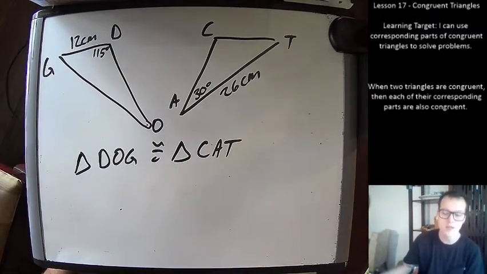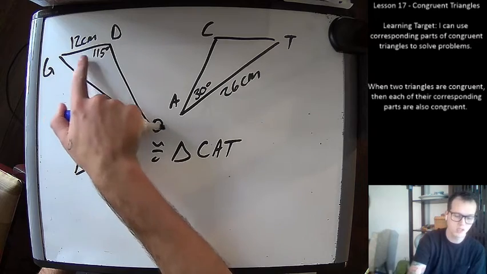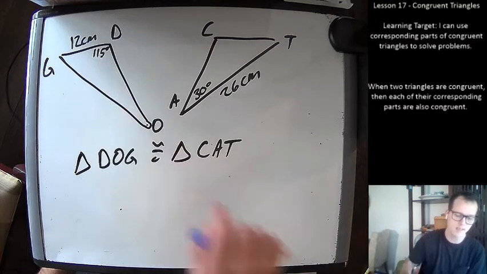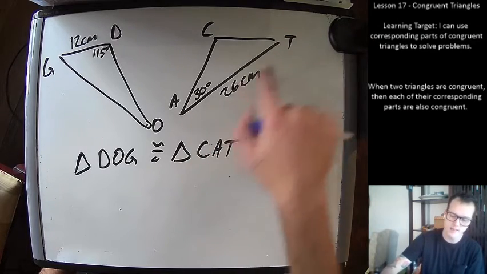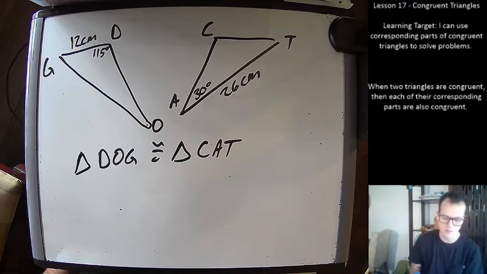So let's look at the information we have, and let's try to fill out as much as we can in both triangles based on the info we have. So we know DG has a length of 12, and angle D is 115 degrees. Angle A is 30 degrees. Side AT is 26 centimeters.